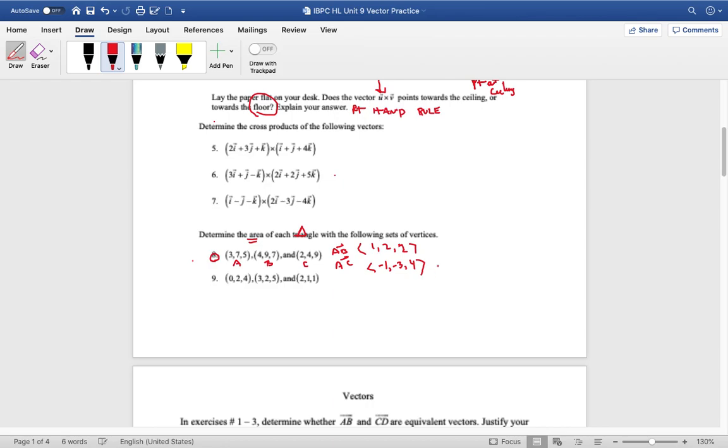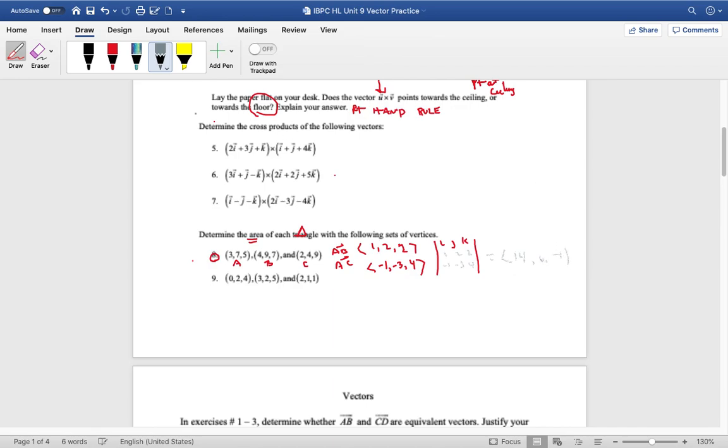Then I did the cross product of these two. Ooh, that's quite light, isn't it? Sorry about that. When I did that cross product, again, you can practice that cross product, I got 14, 6, and -1.